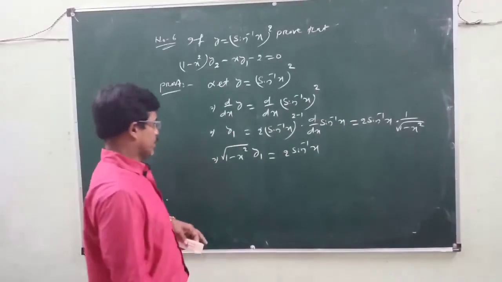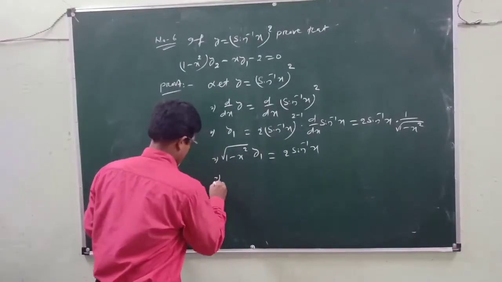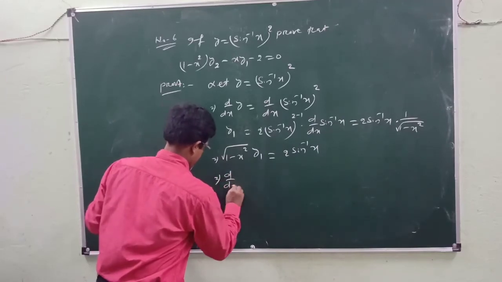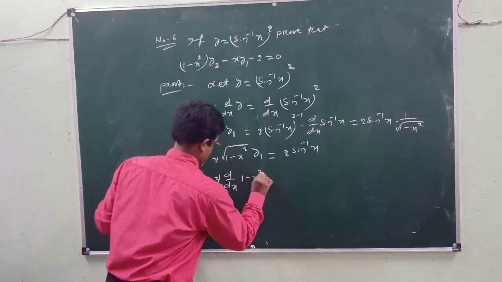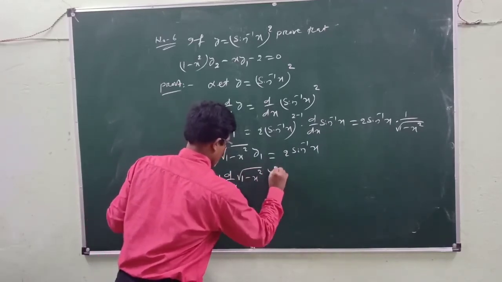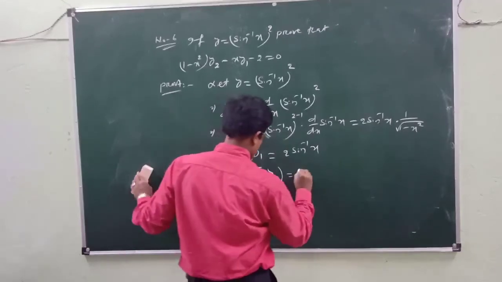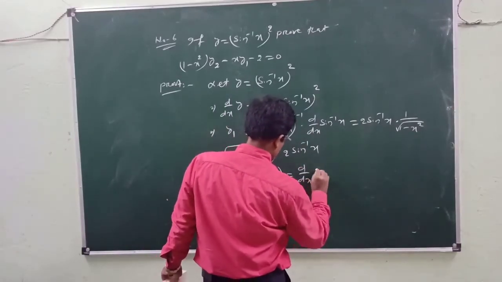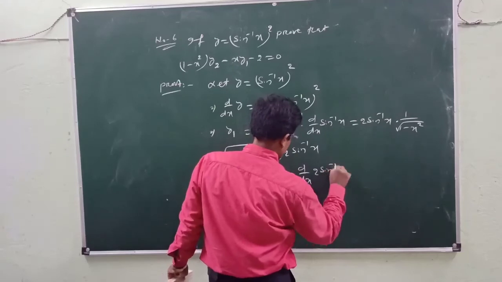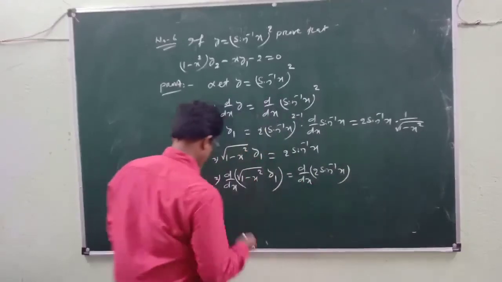Again taking derivative, d by dx of square root of 1 minus x square into y1, equal to d by dx of 2 sin inverse x.